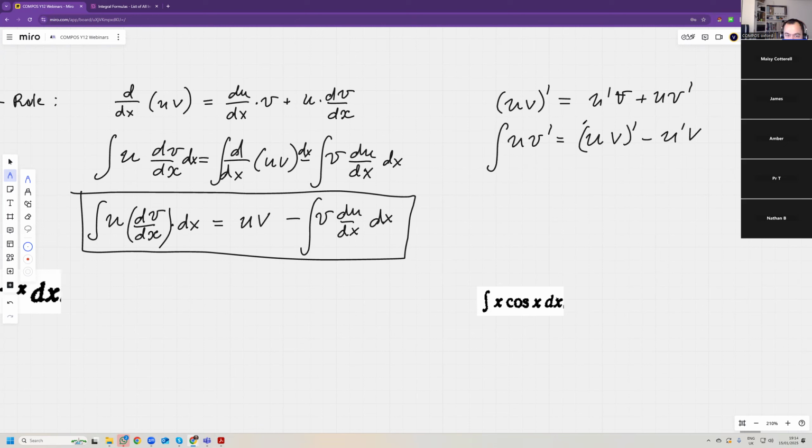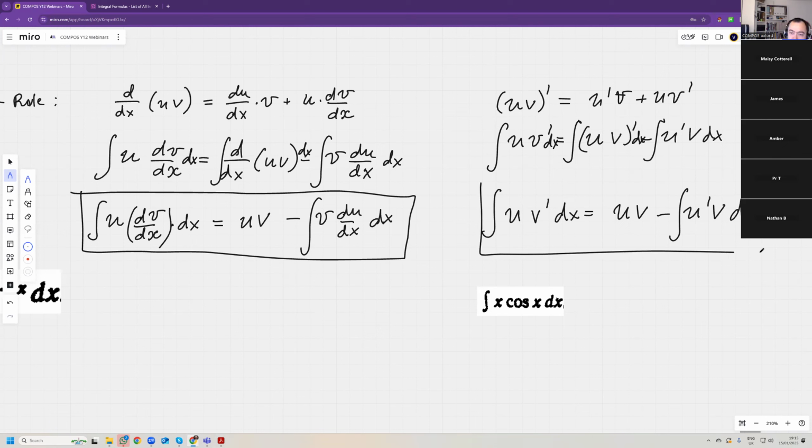Now I integrate, with respect to dx, of course, and we know that the integral of uv dash is just uv. So the integral of uv dash dx is equal to uv minus the integral of u dash v dx, and that's it. That's the formula of integration by parts.